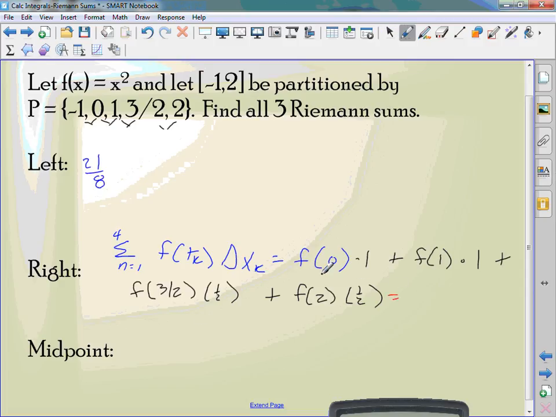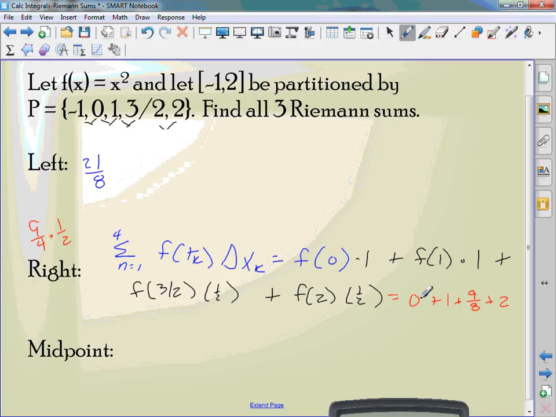Let's see, 0 squared, 0 times 1 is 0. 1 squared, 1 times 1 is 1. 3/2 squared, we said, was 9/4 times a half gave me 9/8. F of 2: 2 squared is 4, half of 4 is 2.